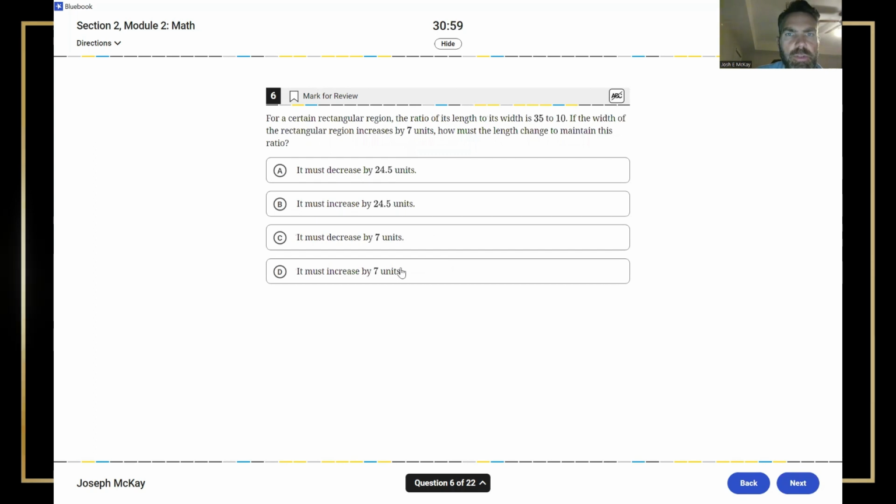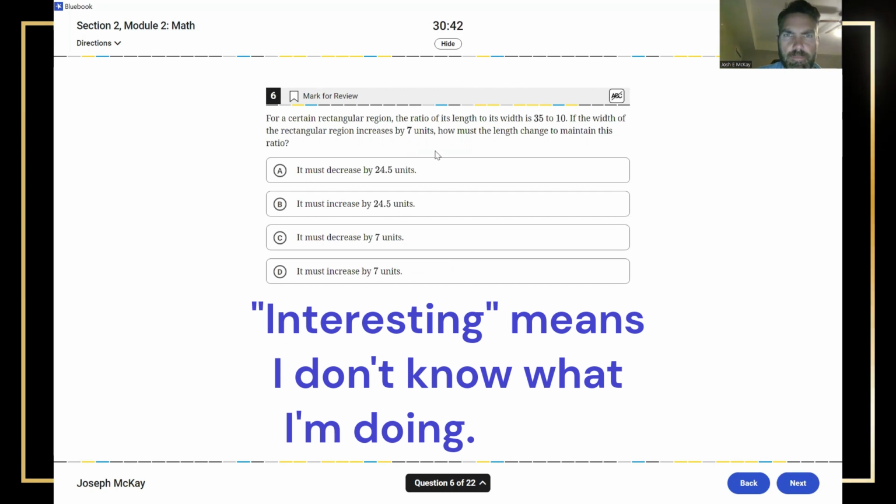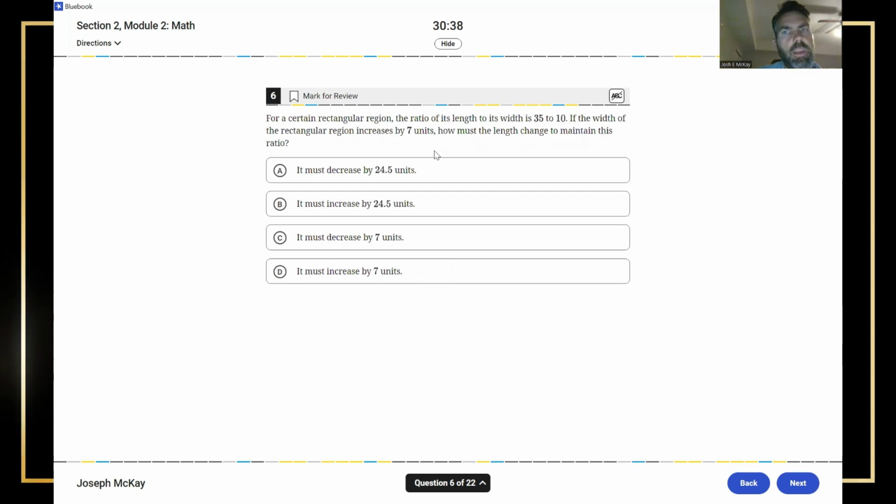A certain rectangular region has a ratio of its length to its width of 35 to 10. Say the width of the rectangle increases by 7 units. How must the length change to maintain this ratio? Oh, interesting. I believe this could be done as a proportion.